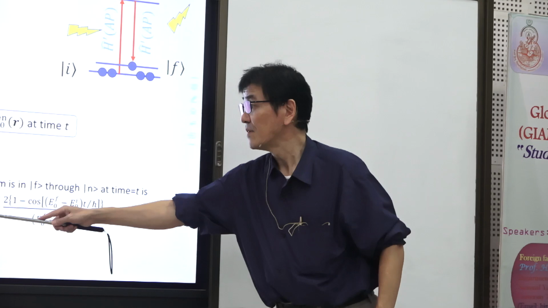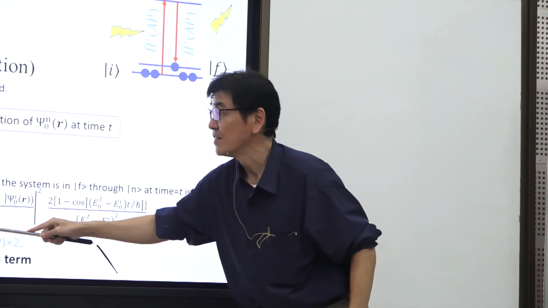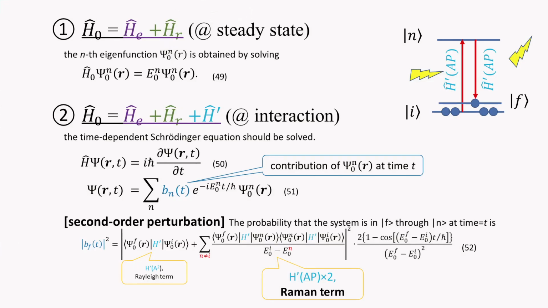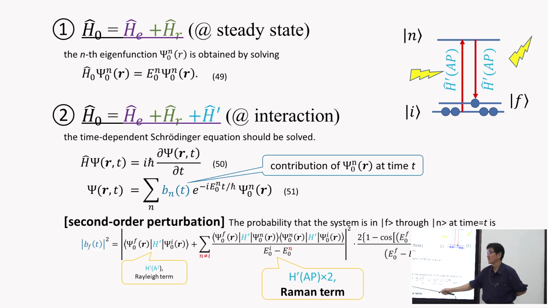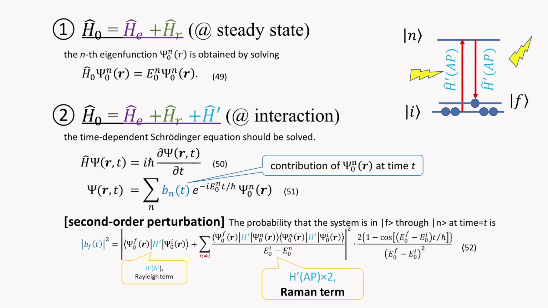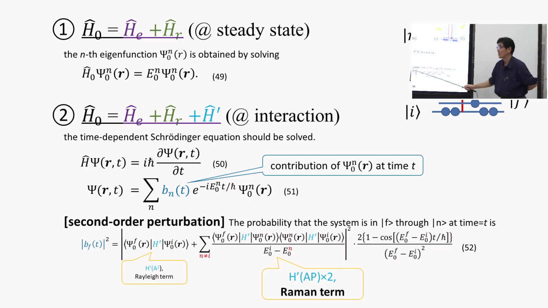And this is expressed in this way. Interaction Hamiltonian appears several times. The first term corresponds to the result of the first order perturbation, and it corresponds to Rayleigh scattering. The Raman scattering comes from the second term.